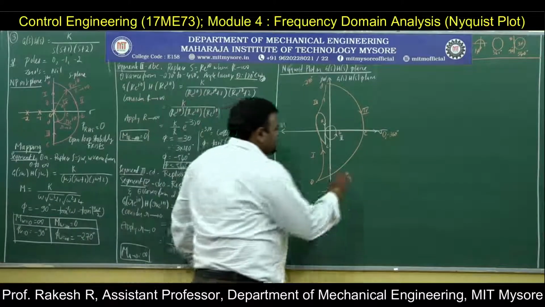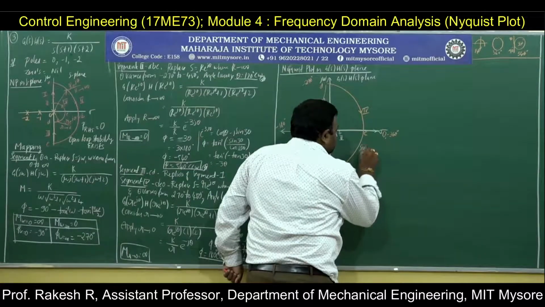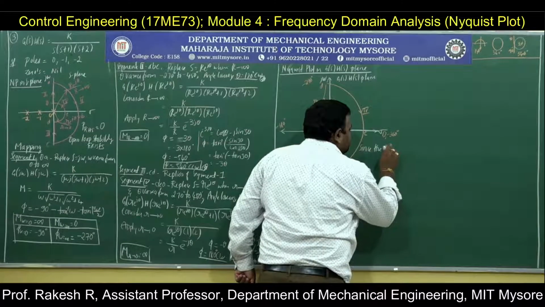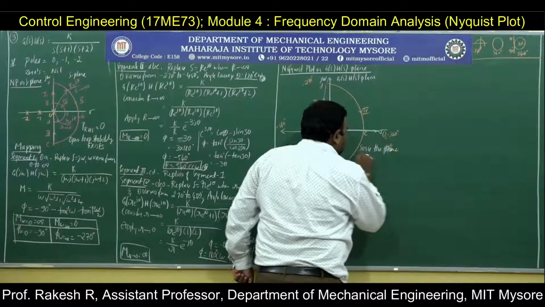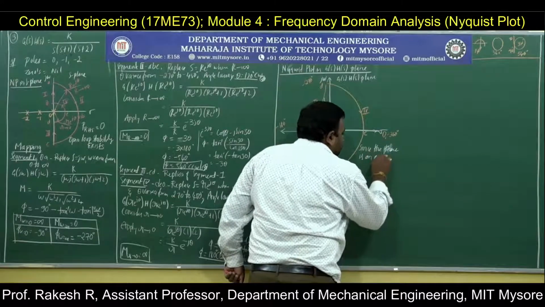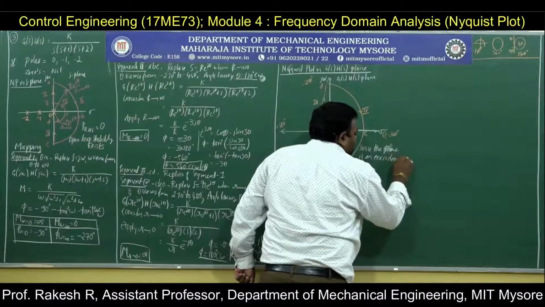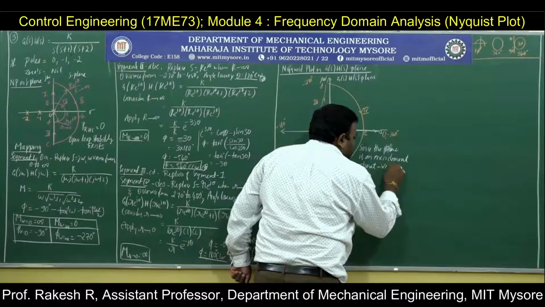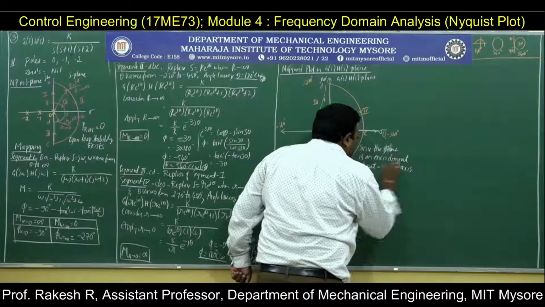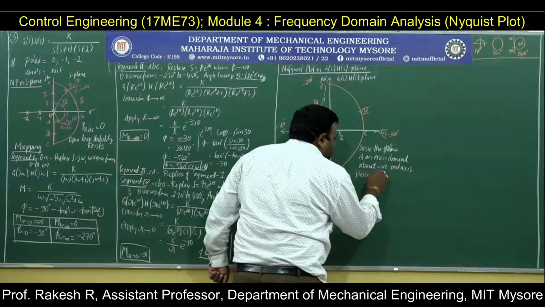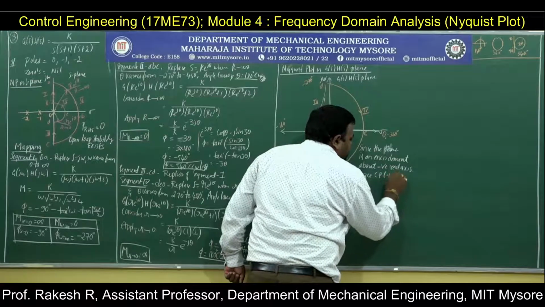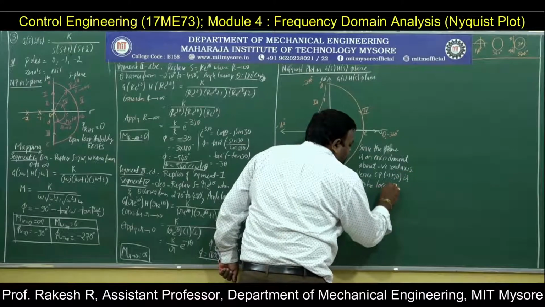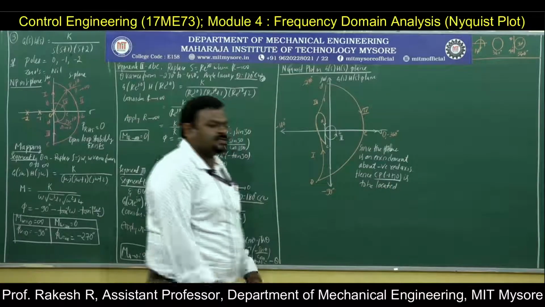I will write the sentence, since the polar plot, or just since there is an encirclement about negative real axis, hence critical point minus 1 plus j0 is to be located. So this is the condition.